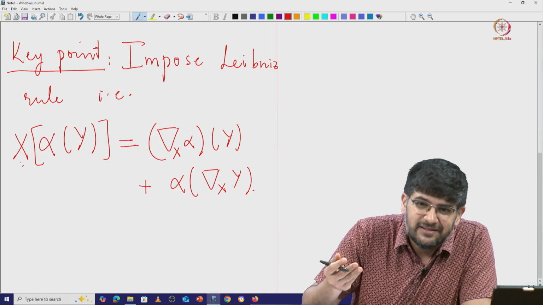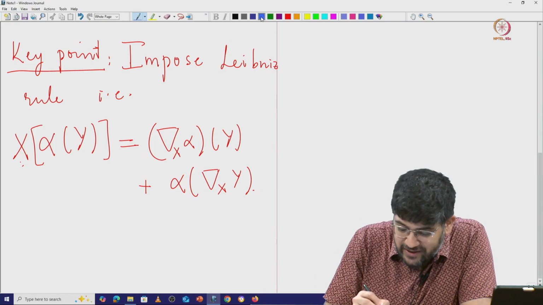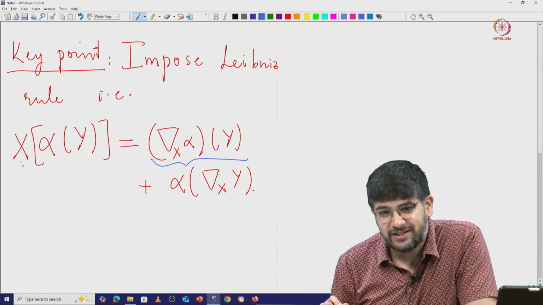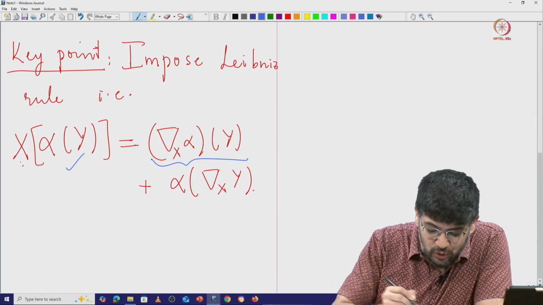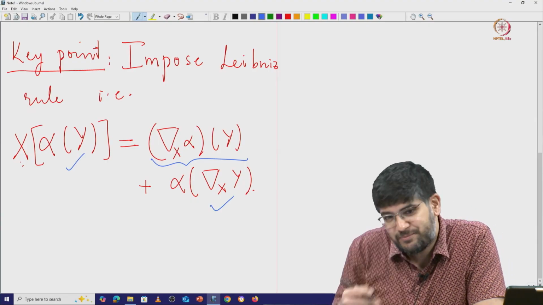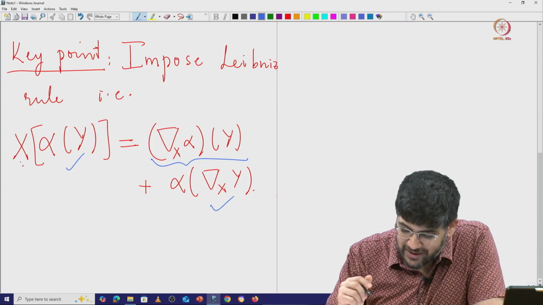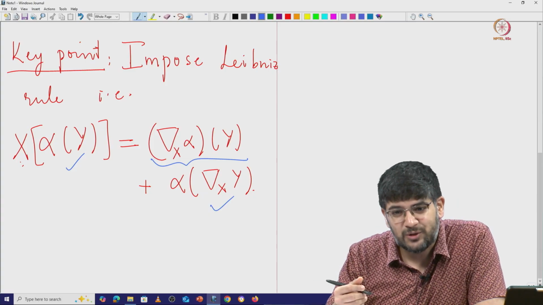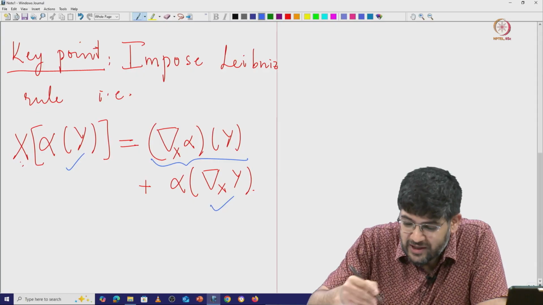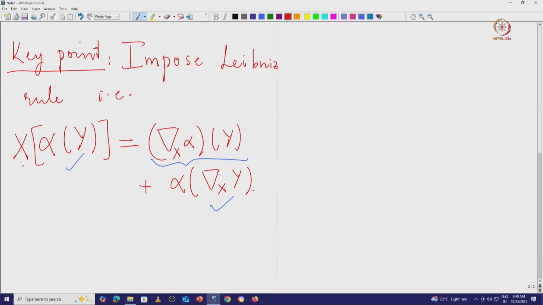But now I can just turn this around and use this to actually define this quantity. This is the quantity I am interested in. On the other hand, these two are quantities that we are familiar with. So one can just use this formula to make a definition for the covariant derivative of alpha. So here's a definition.